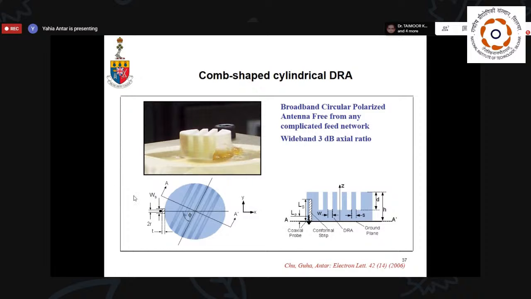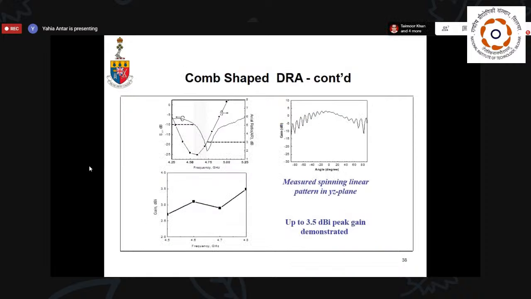This was done first experimentally, and then using mode analysis and so on, we were able to do work on that. And the performance of this antenna you can see here is not bad, and especially the axial ratio is not bad over that. So it has a reasonable gain, but it has good axial ratio and so on, for that comb shape design.